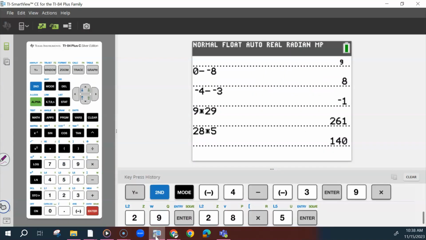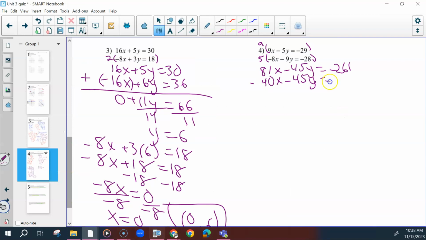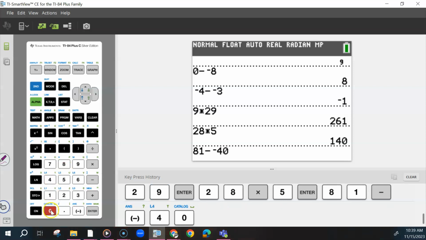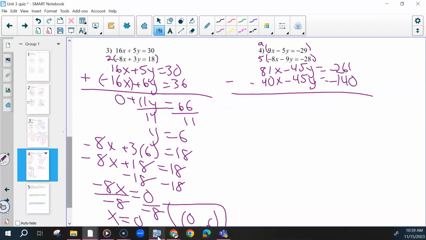If I'm trying to get y's to eliminate, I would subtract those. Some of you added here, and that's where everything went wrong. We started to get decimals, things like that. So 81 minus negative 40 would be 121.